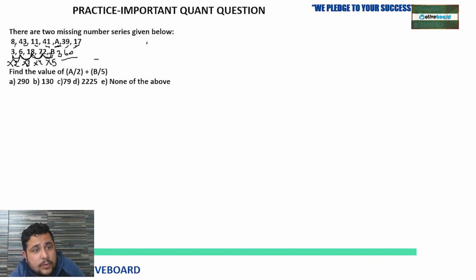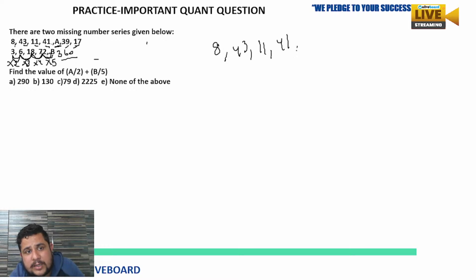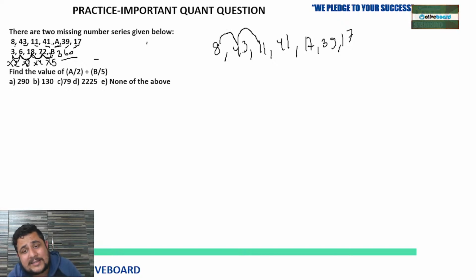Now 8, 43, 11, 41, A, 39, 17. Here the numbers are 8, 43, then 11, then 41, A, 39 and 17. Clear? So 8 to 43, 43 to 11: increasing, decreasing, increasing, decreasing.